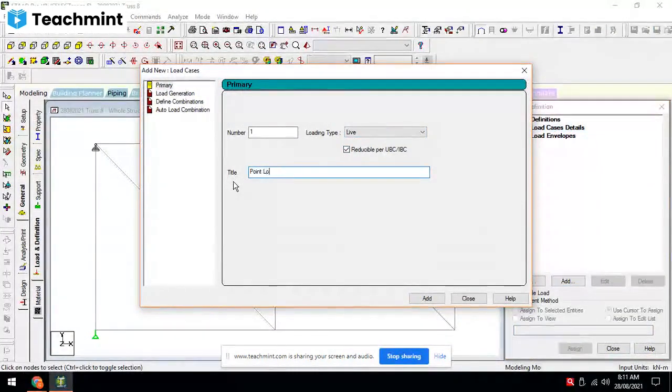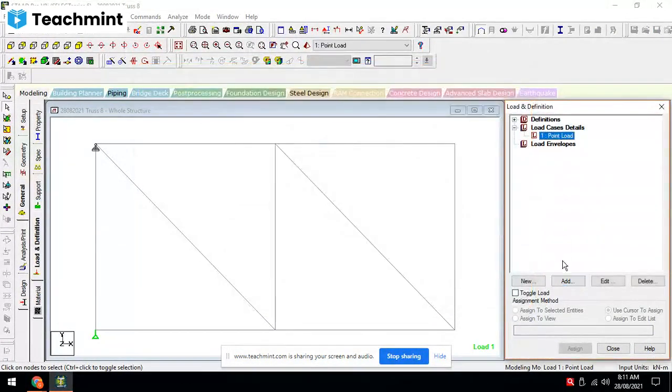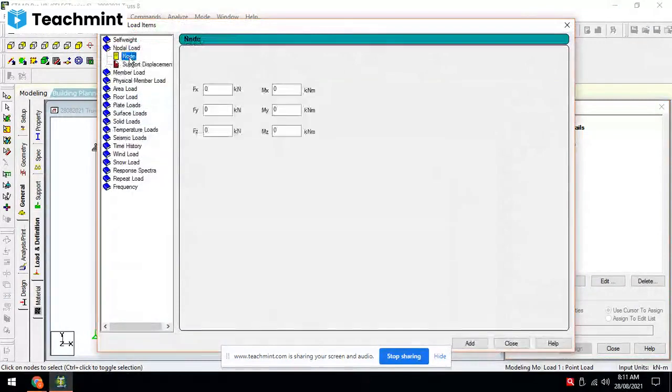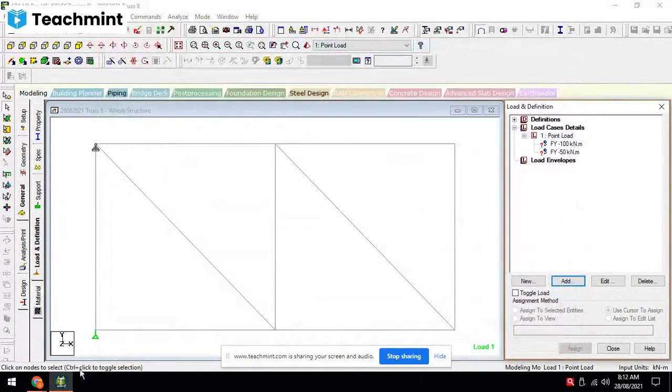Point load, add, close. Then we have to apply the point load 100, add, and minus 50, add, close.